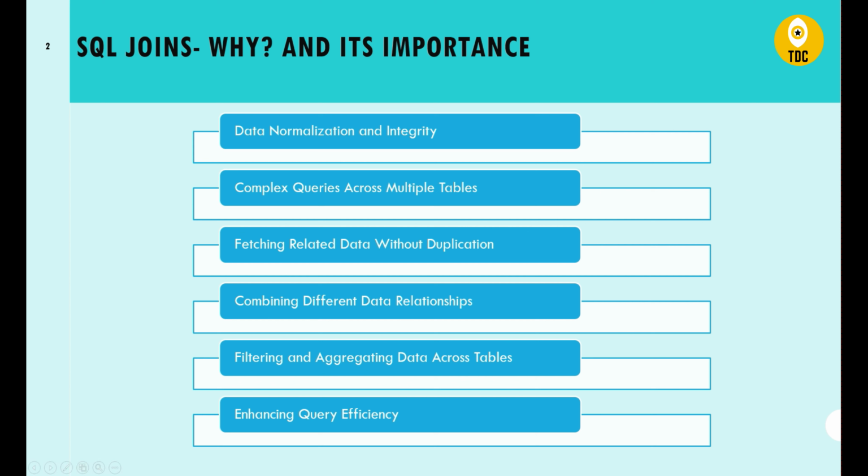And next is complex queries across multiple tables. This is obvious, right? In real-world scenarios, data is often spread across multiple tables and views, right? Without joins, it would be impossible to perform meaningful queries that require pulling data from multiple tables.